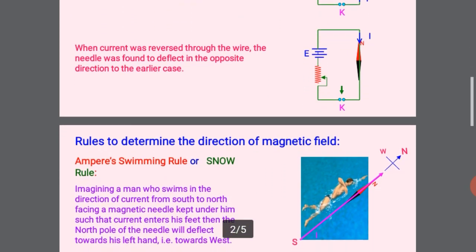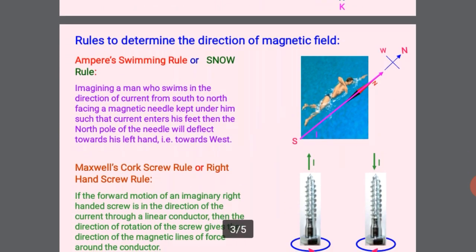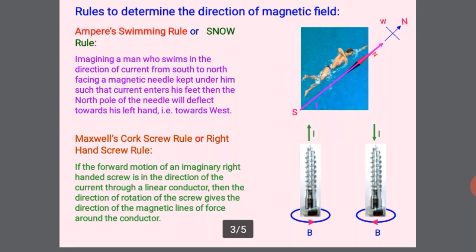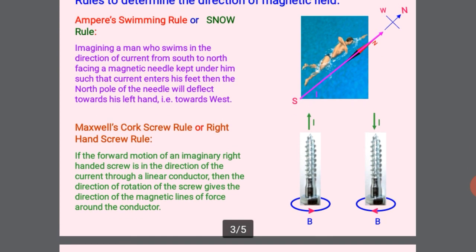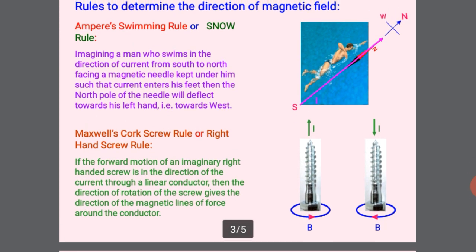Now, magnetic field is a vector quantity, so we need to find the direction of the magnetic field also, for which we have three laws. The first is Ampere's swimming rule, also known as the SNOW rule.